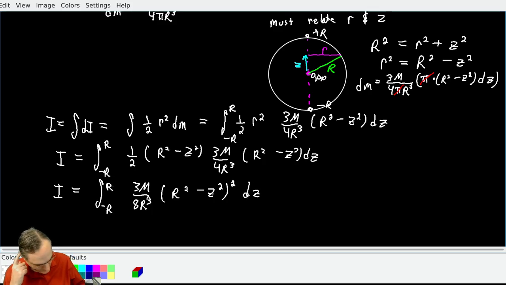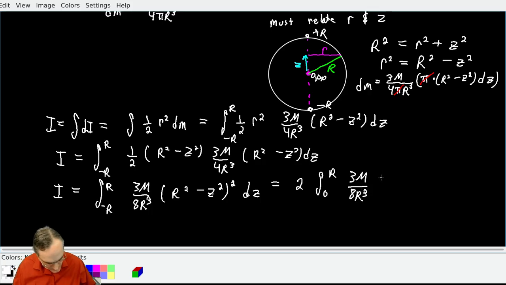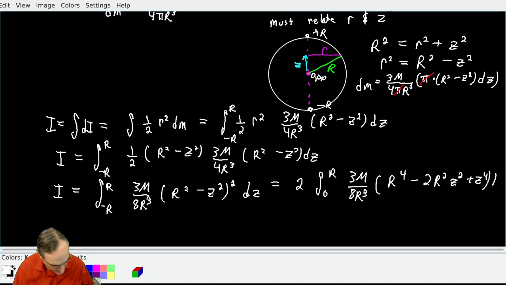This looks like it's going to be a symmetric integral, so we'll make the change to 2 times the integral from 0 to R. Keep our constants. Let's square the whole thing out there. We get R to the 4th minus 2R squared z squared plus z to the 4th dz.